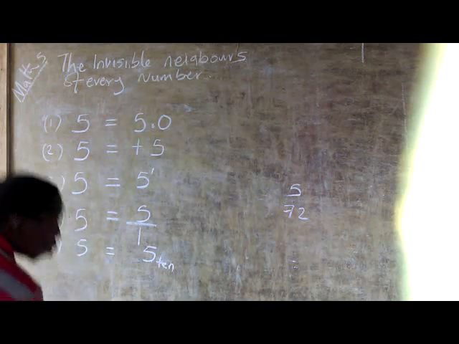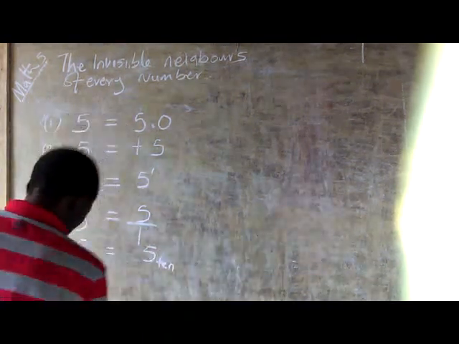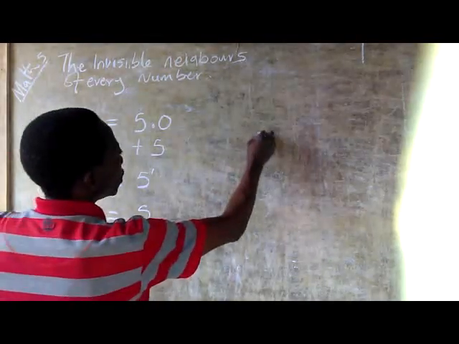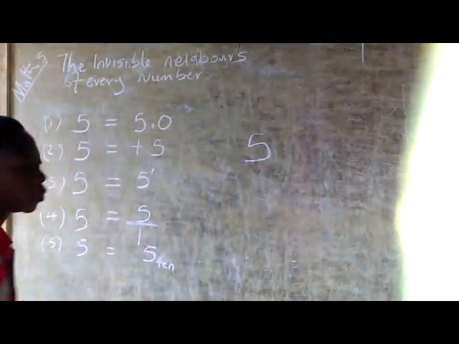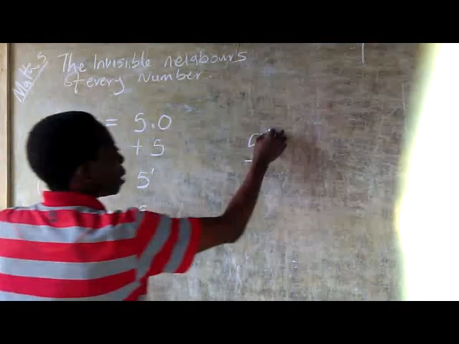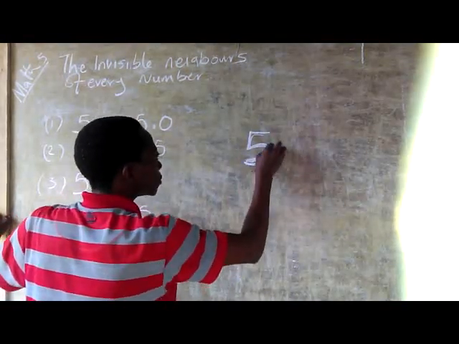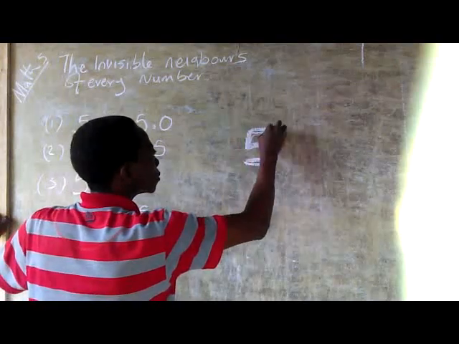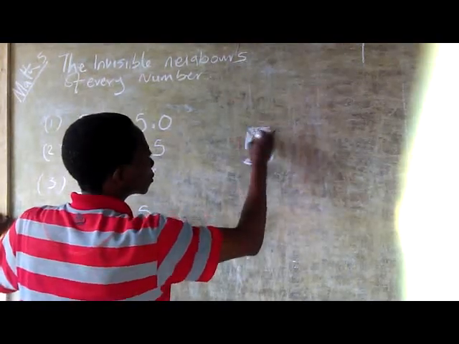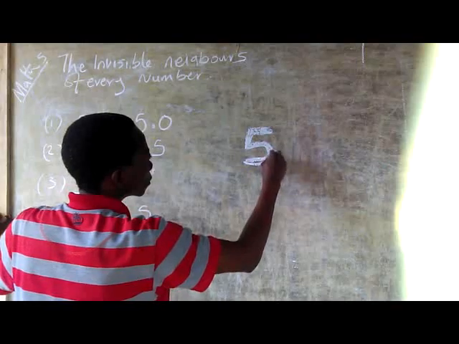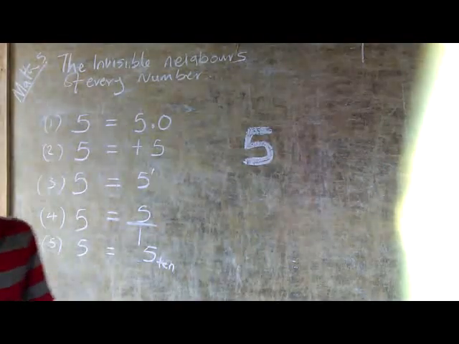Now let me go over it all together. We have a number, for example, 5. Let me shade it and make it thick. The number is 5.